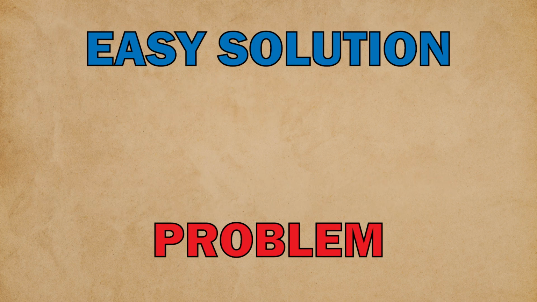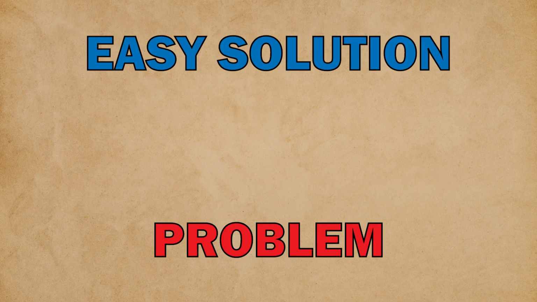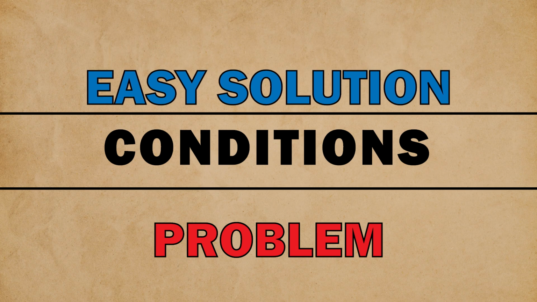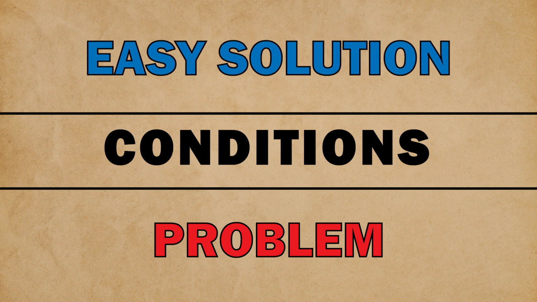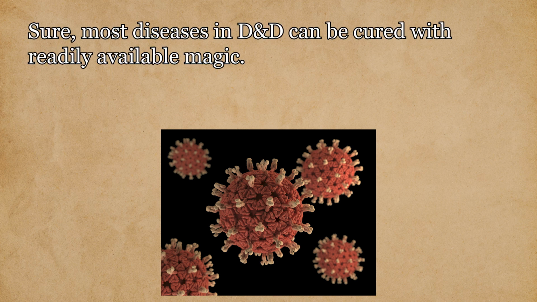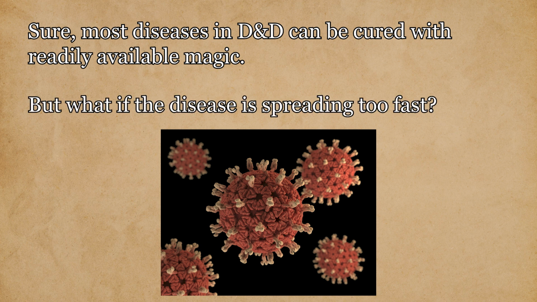I think the key for implementing problems that have easy solutions is to set up the problem under conditions that make it hard for those solutions to reach the problem. For example, going back to the disease again, sure, most diseases in D&D can be cured with a simple cast of a spell or drink of a potion. But what if the disease is spreading too fast to keep up with?